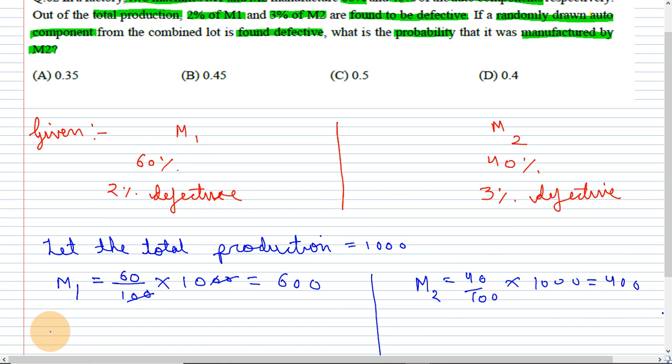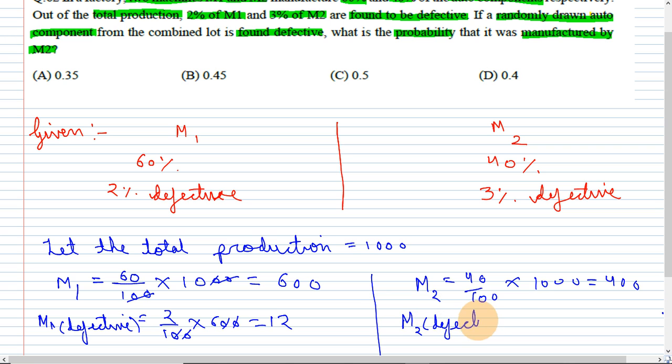Second, 2% are defective from M1, so 2 by 100 into 600 comes to 12.